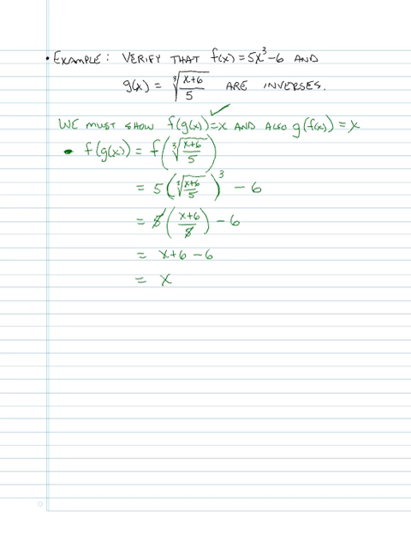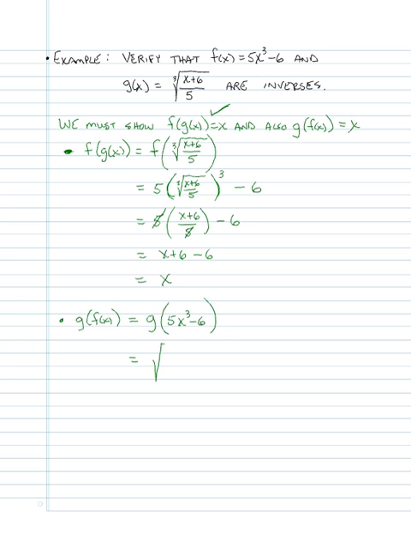Now, for them to be inverses, we also have to show that g of f of x is also equal to x. So let's begin calculating that. Well, we'll replace the f of x with what it's equal to, and that's 5x cubed minus 6. Now, that 5x cubed minus 6 ends up being the input into g. Now, what does g do to an input?